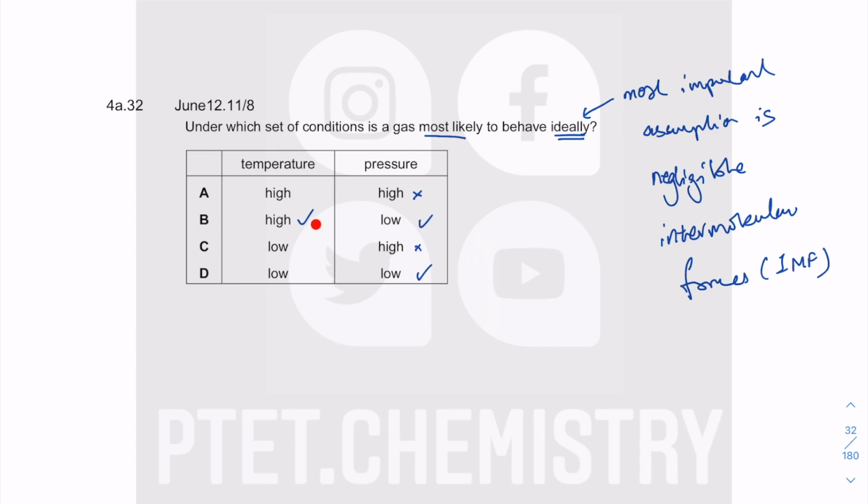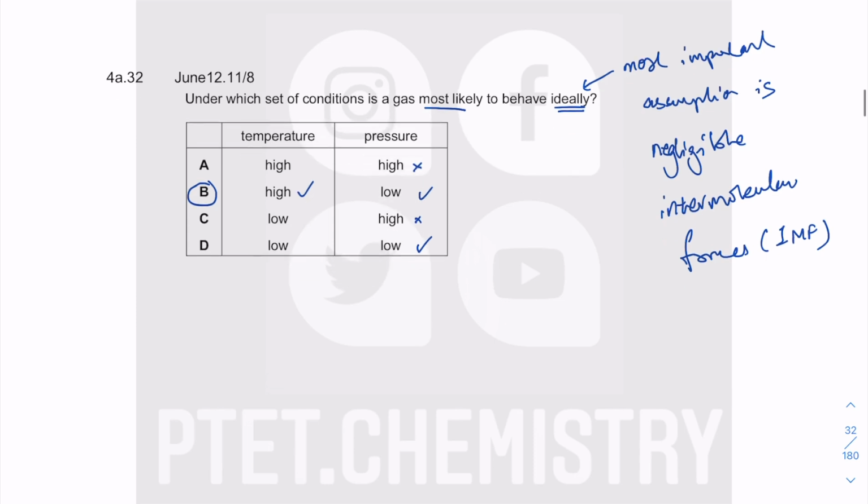Only at high temperature do they have enough kinetic energy to move further apart, resulting in negligible intermolecular forces. So high temperature, low pressure, something you'll be expected to explain and describe in detail in a paper 2 or paper 4 kind of setting.